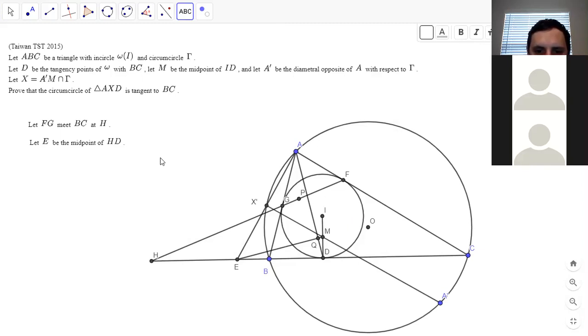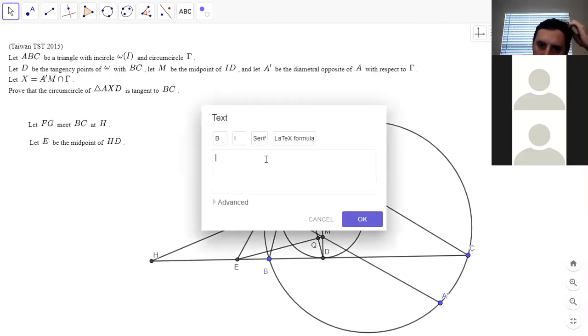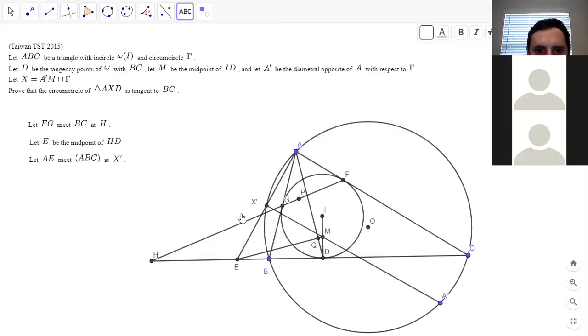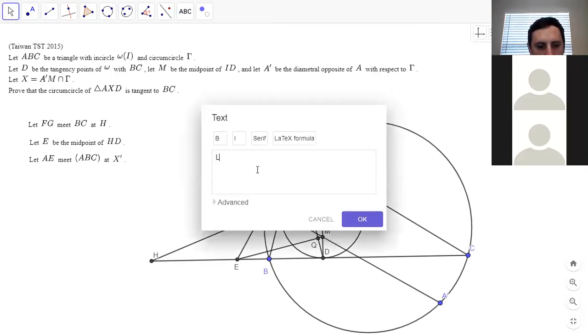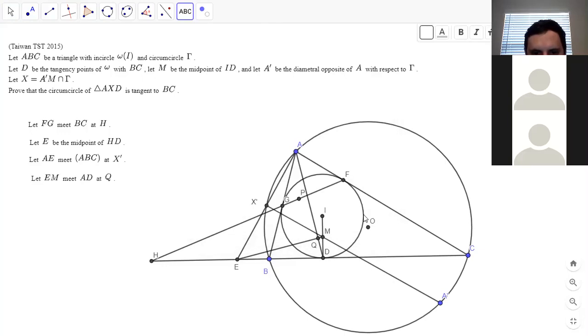And let AE meet the circle at X prime. And then let EM meet AD at Q. But we want to show, okay, I'm going to hide this for now. We want to show that X prime, M, and A prime are collinear.